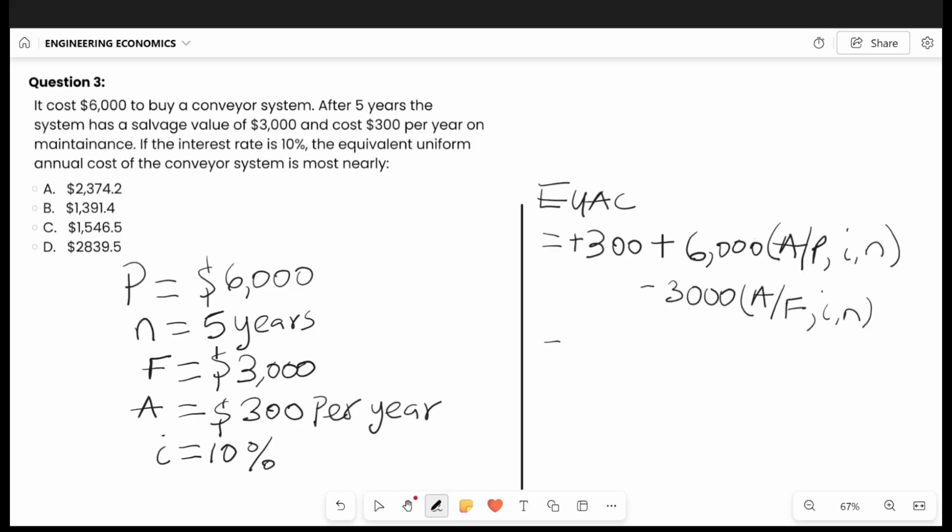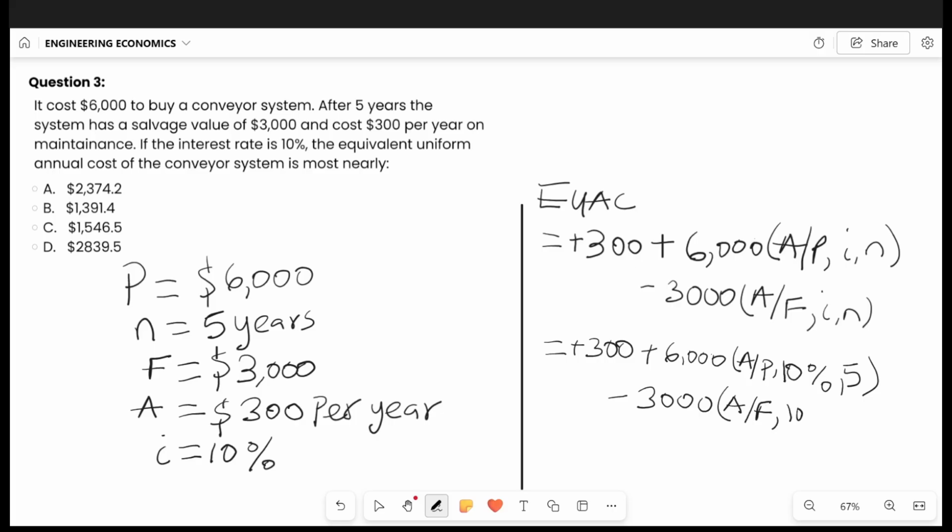So we are going to have plus 300 plus 6,000, open brackets, to find A given P at an interest rate of 10% for 5 years, minus 3,000 to find A given F at an interest rate of 10% for 5 years.